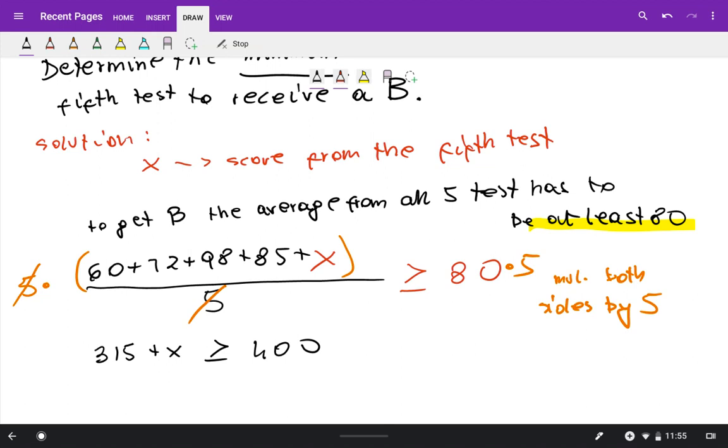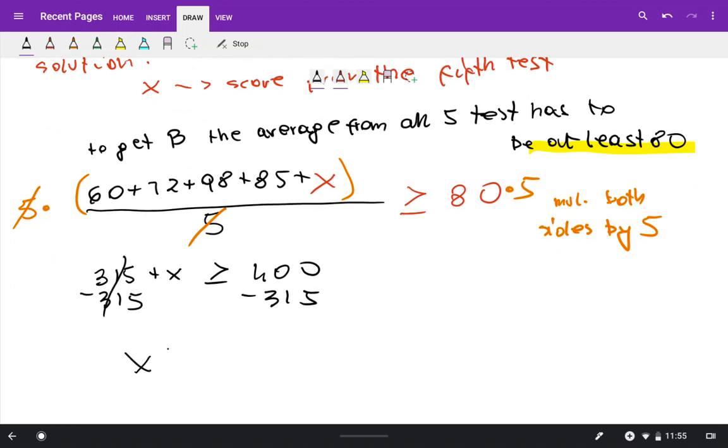Okay, now let's subtract 315 from both sides. And that will give us that X is greater than or equal to 400 minus 315, which is 85. Okay, so what that means is from the fifth test, he has to get a minimum of 85 to get B from this class.